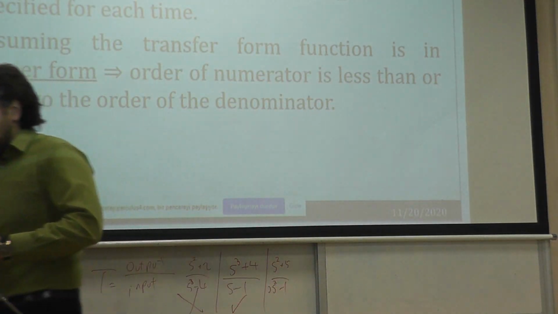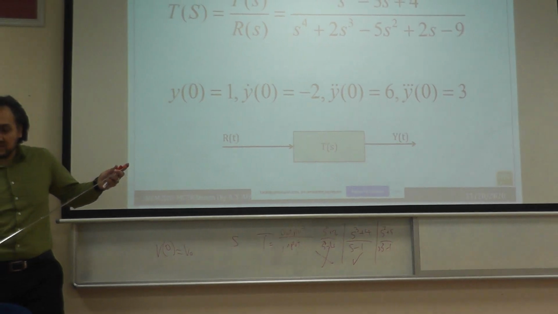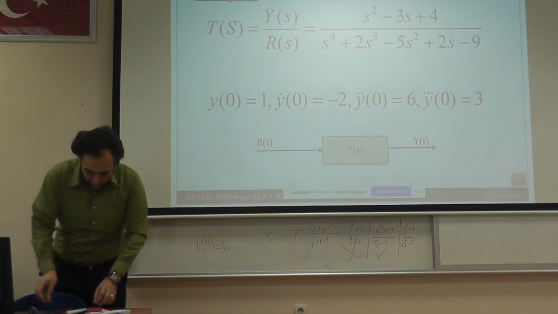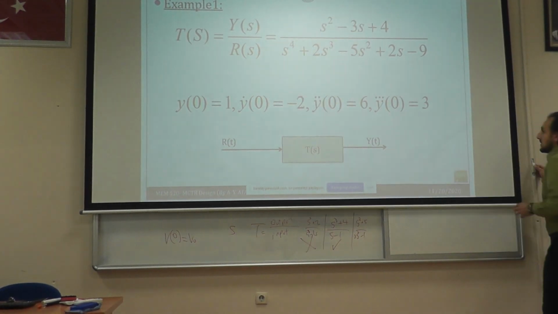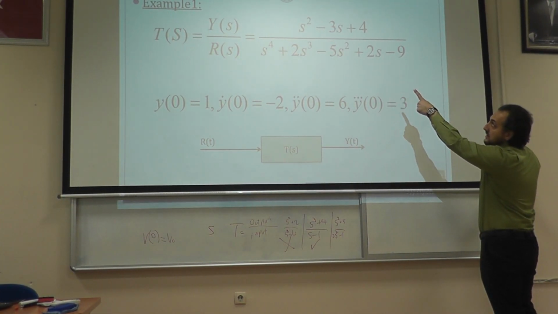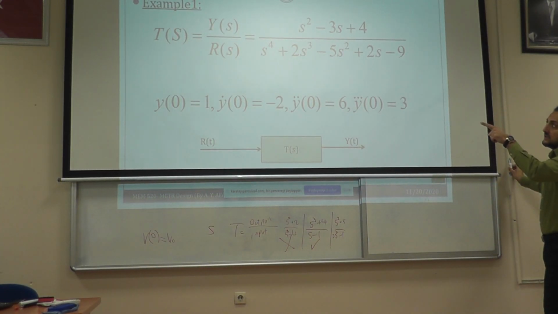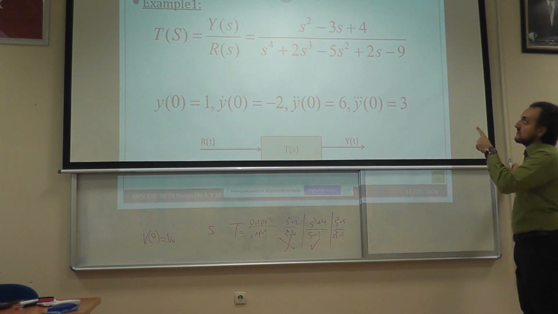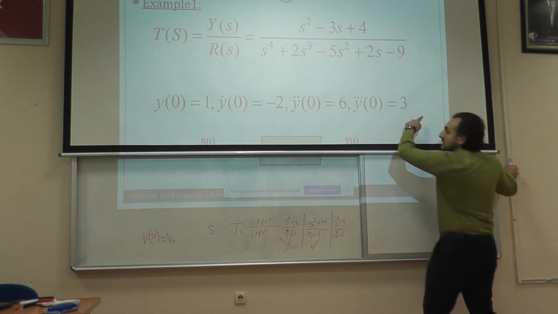So let me go for one example on the board. This one will take a long time, then we can solve it. So look, transfer function (s squared minus 3s plus 4) over (s^4 plus 2s^3 minus 5s squared plus 2s minus 9). What are those?